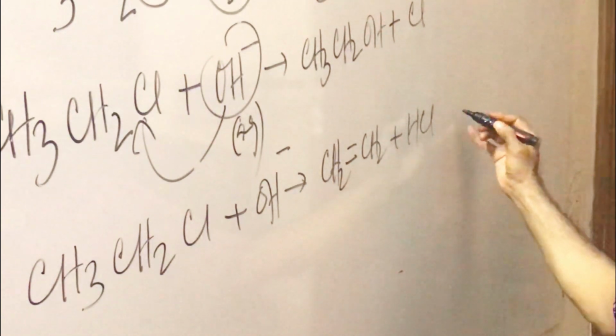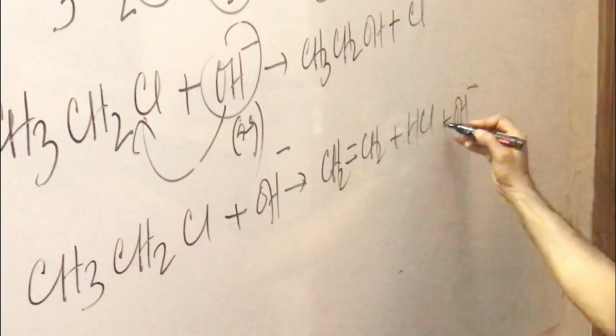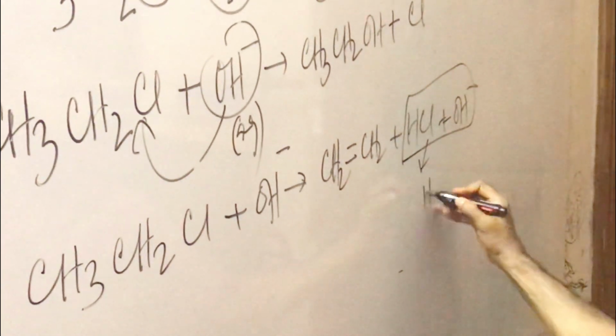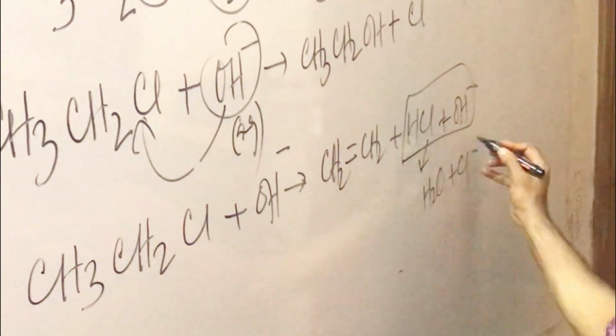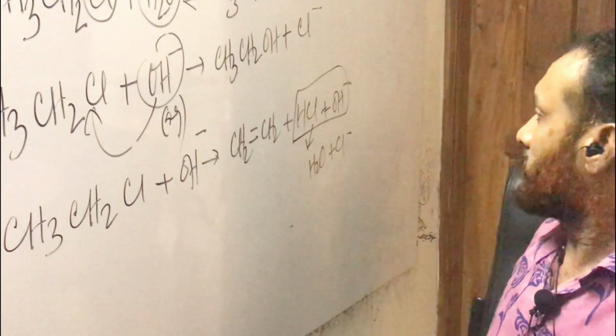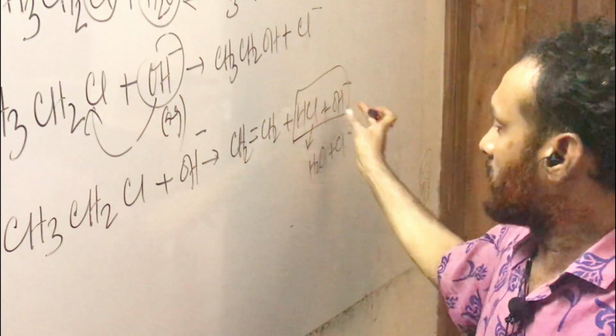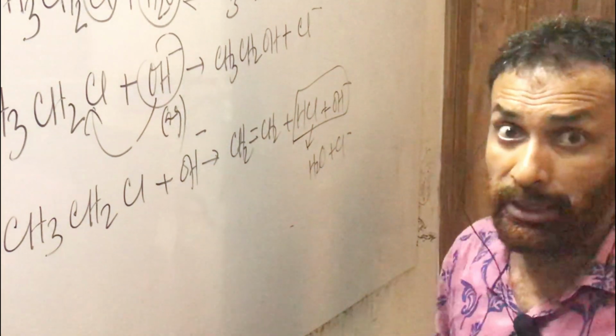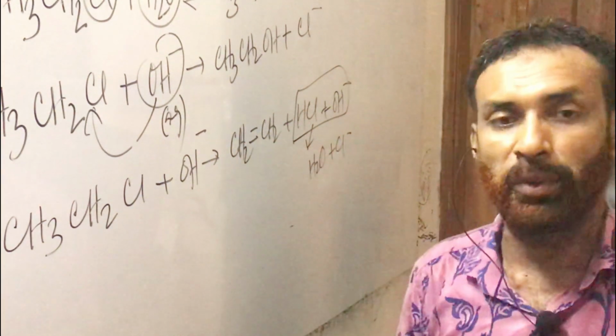I write OH here again. Later OH and HCl will react to form water and chloride ion. So these two are the first form, and then later form water and chloride ion. And there must be a metal, then the metal will form sodium chloride.